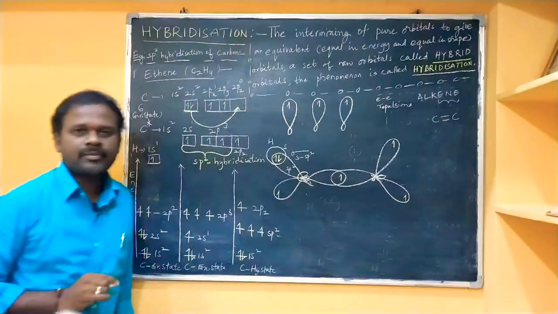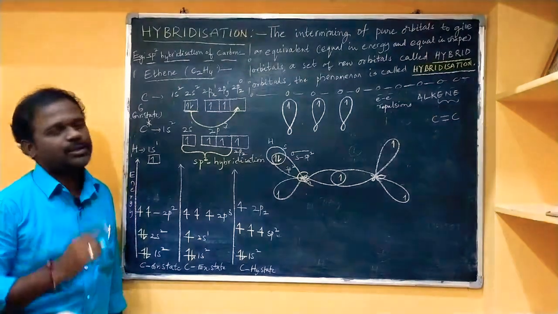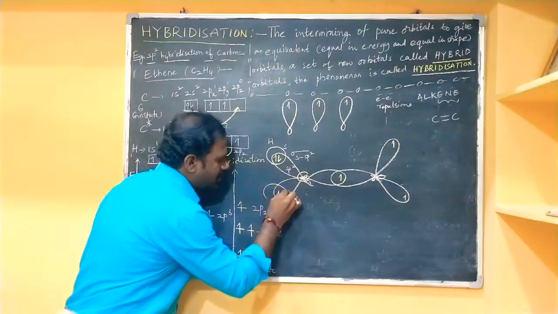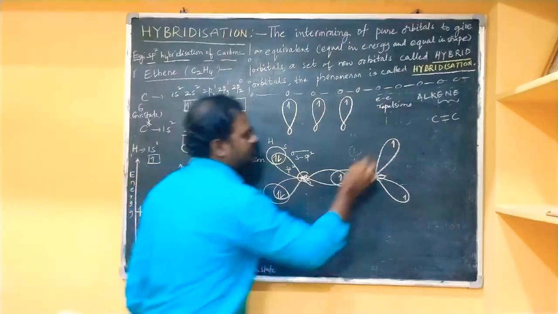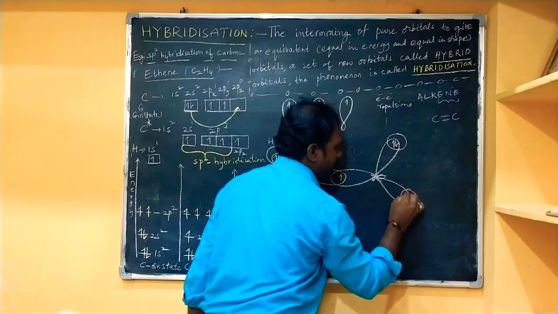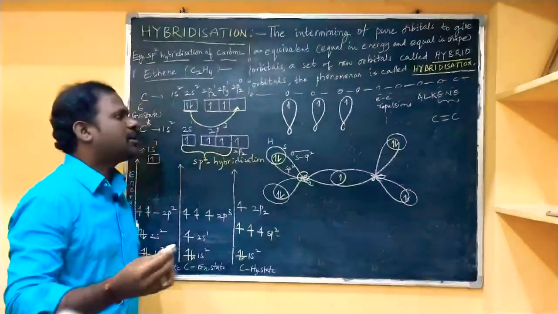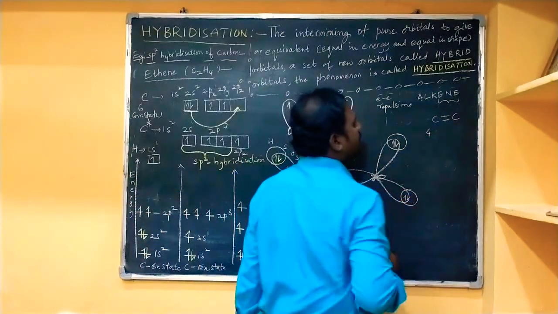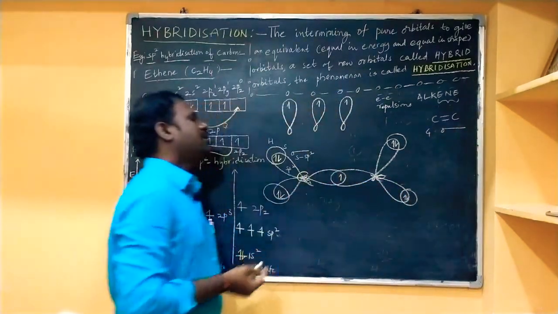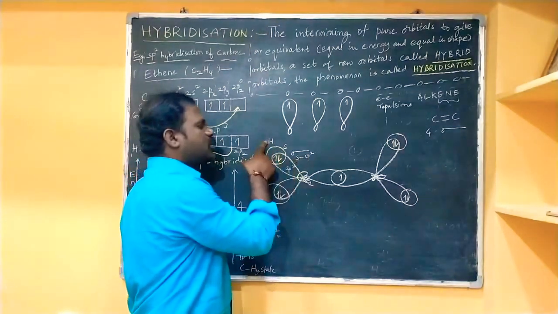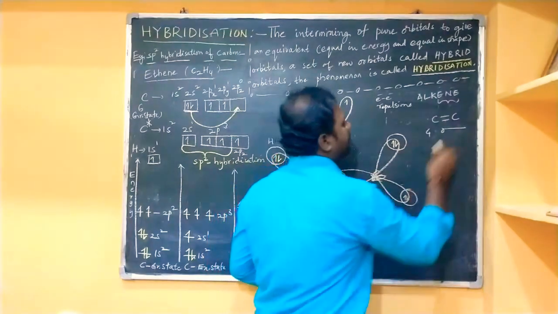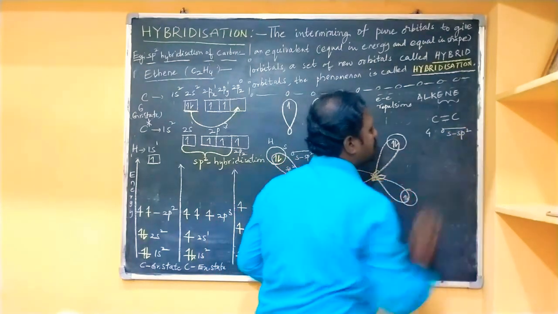That will be an sp2 sigma bond. Here the total number of bonds is 4. There are 4 sigma bonds formed by the overlap of the s orbital of hydrogen and the sp2 orbital of carbon, giving 4 sp2 bonds.